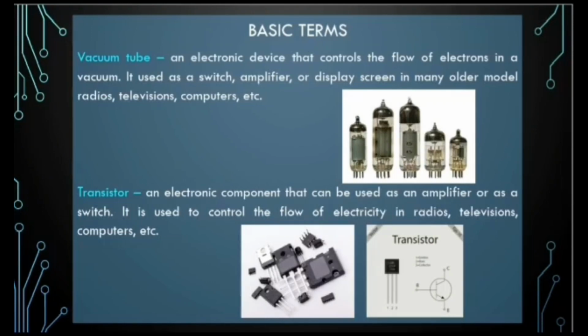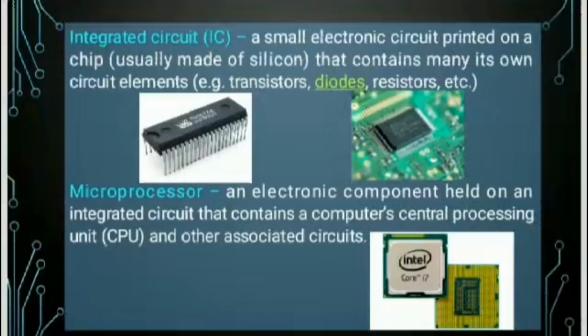Transistors can be classified into two types, the NPN, or negative-positive-negative, and the PNP, or positive-negative-positive. Transistors are the fundamental building blocks in modern electronics, used for switching and forming the basis of the integrated circuits.